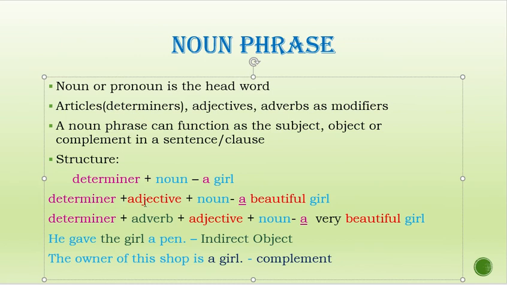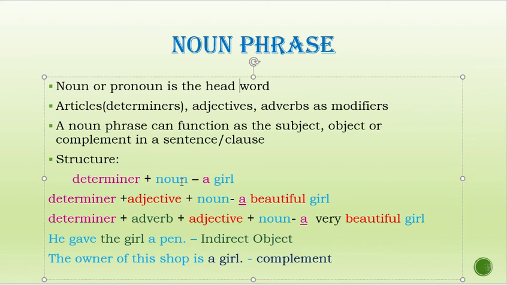The second structure is determiner plus adjective plus noun. For your kind information, here the color of the font for determiner and a is the same. So watch carefully. Beautiful is the adjective, so the color of this adjective and the adjective in the example is the same.